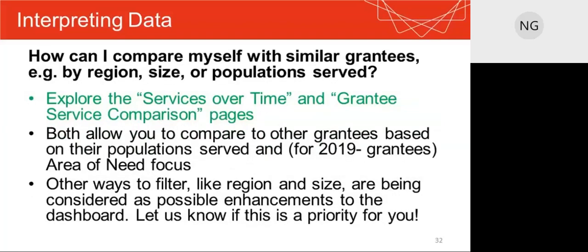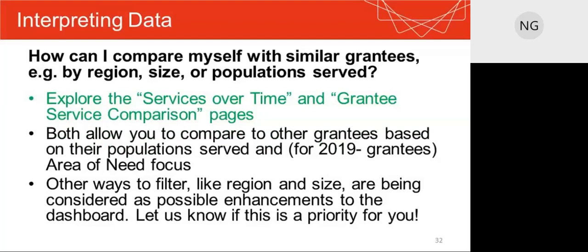How can I compare myself with similar grantees, for example, by region, size, or population served? To do this, we encourage you to look at the Services Over Time page and the Grantee Service Comparison pages in the dashboard. And again, we'll spend more time examining these in depth in the future. But both of these pages allow you to compare yourself to other grantees, and you can choose ones that are similar to you based on the populations that they serve.